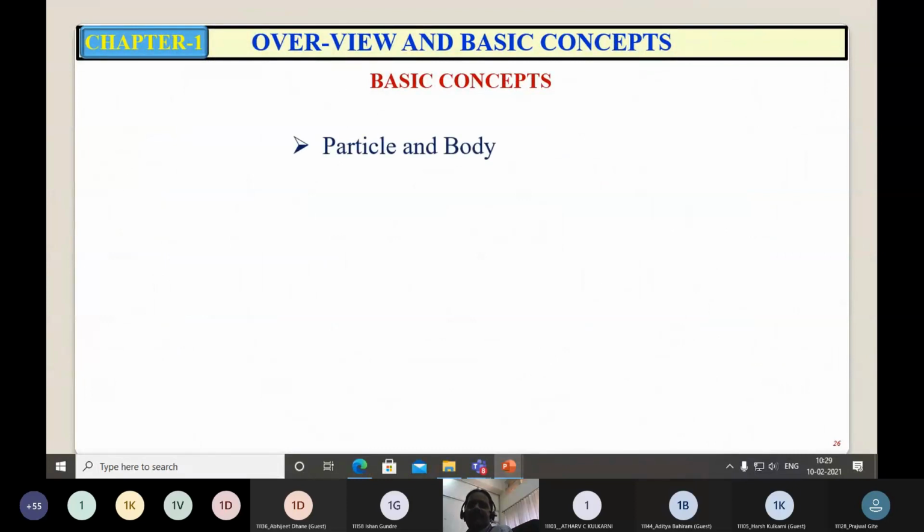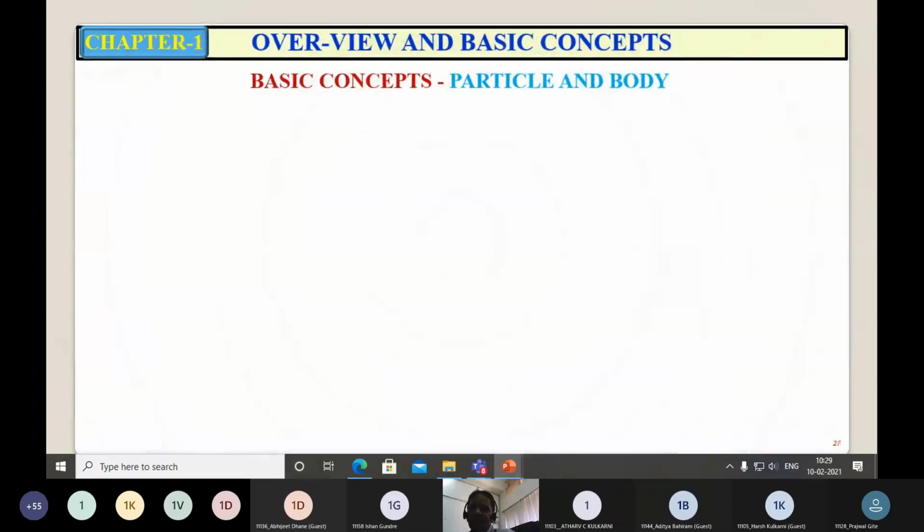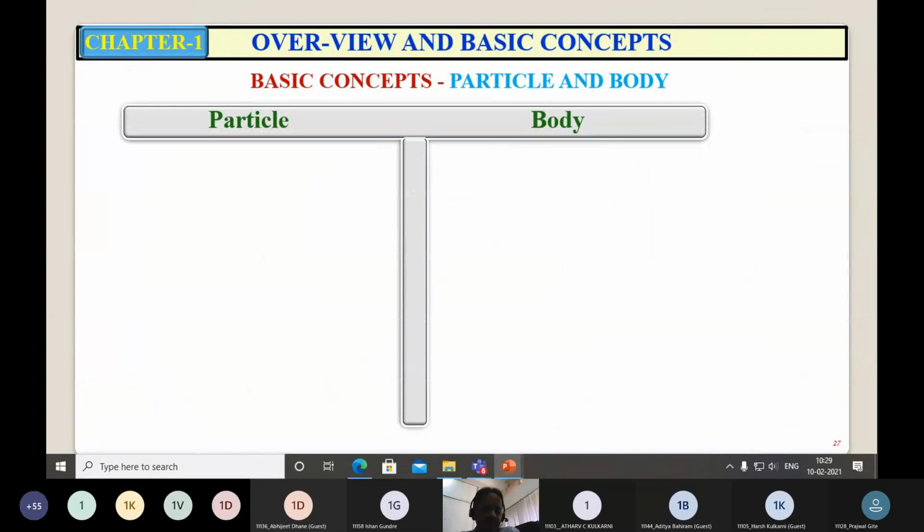Then we will see in detail about these basic concepts like particle and body, rigid body and deformable body, one-dimensional, two-dimensional and three-dimensional bodies, and what is mass and weight. Let us see particle and body. The theoretical definition: a particle is an infinitesimally small part of the body, whereas the body is composed of an infinite number of particles, right?